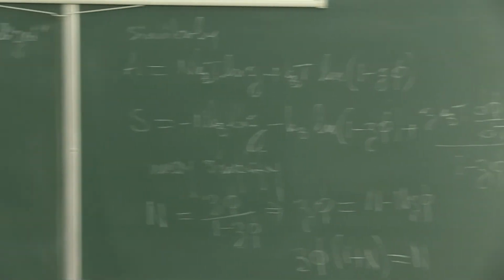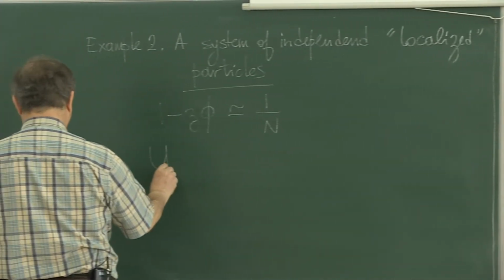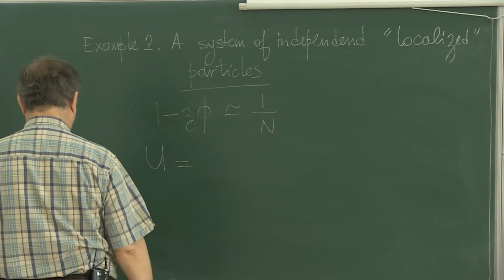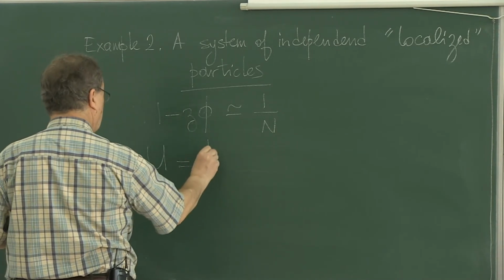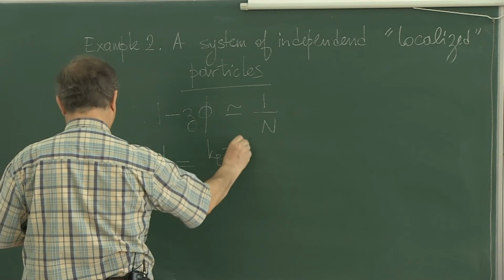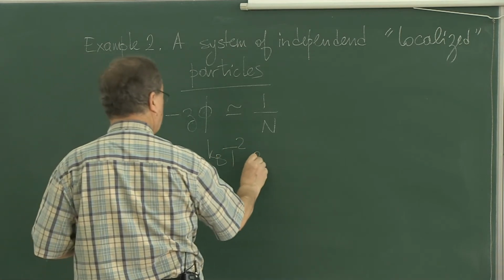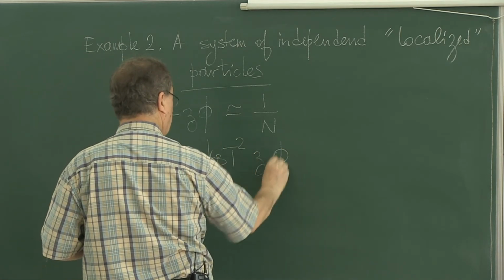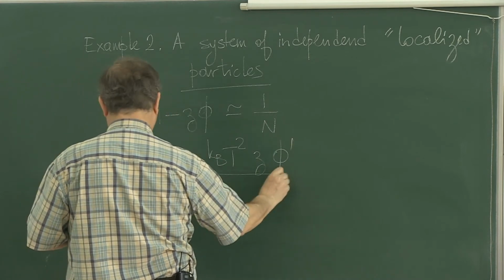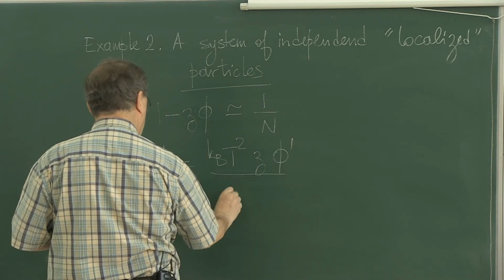So using this, U becomes kB T squared z times derivative of phi divided by 1 minus z phi.